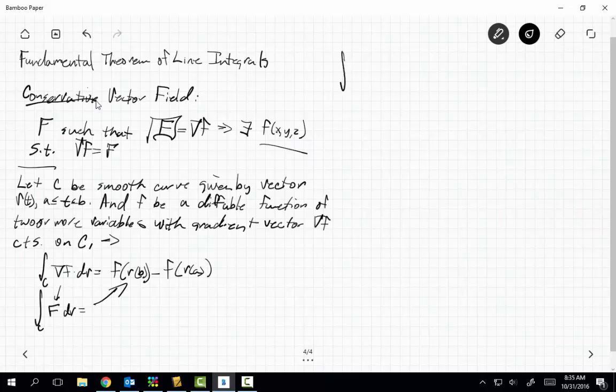Okay, so I'm going to prove this for you really quickly because it's actually super easy to do. I'm going to take the line integral of gradient of f dr, and I'm going to rewrite it. Now, remember, this is still just a line integral, so I can write it in whatever form I want.